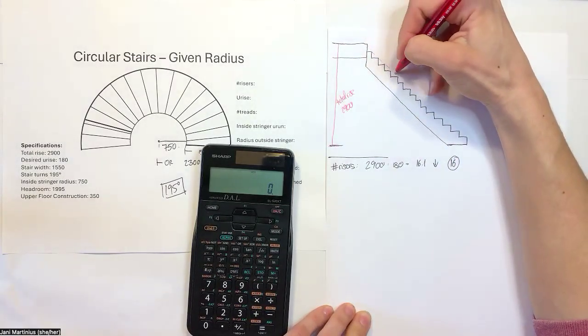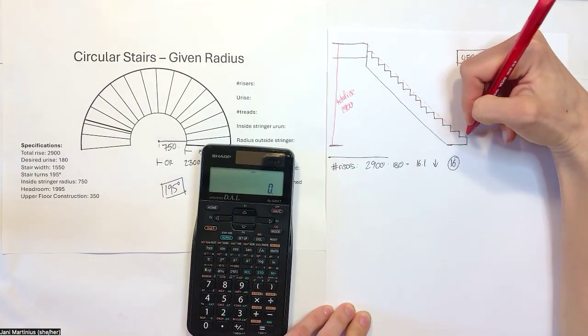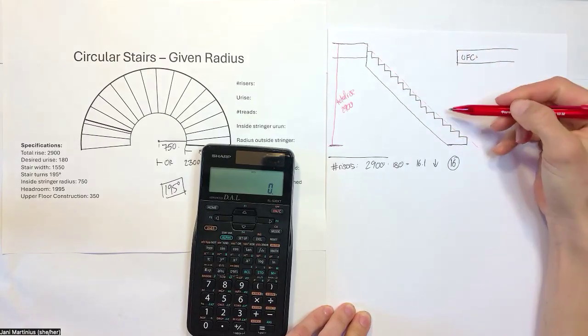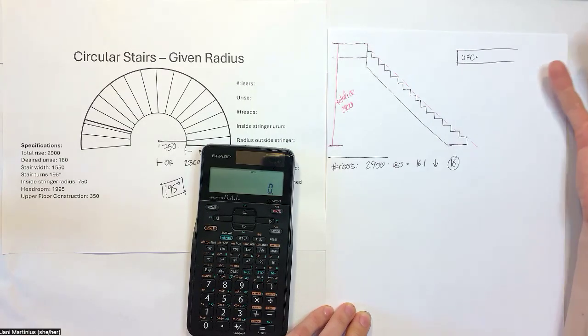Our nosing line, it's always a good one to draw in. And again, of course, it's supposed to touch the actual nosing of the stair. It's a hand-drawn drawing, so it's not going to be perfect, but it definitely tells me enough of what I need to know.